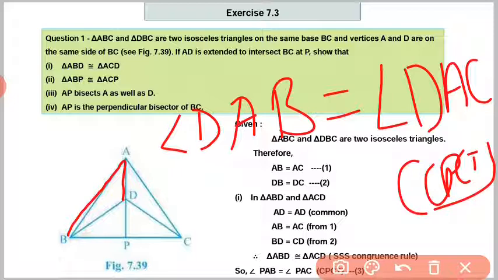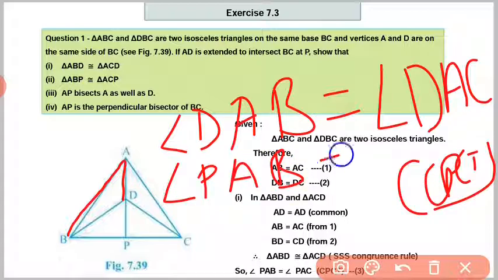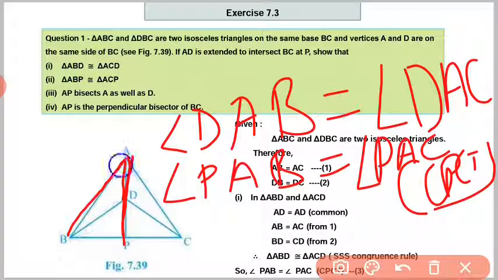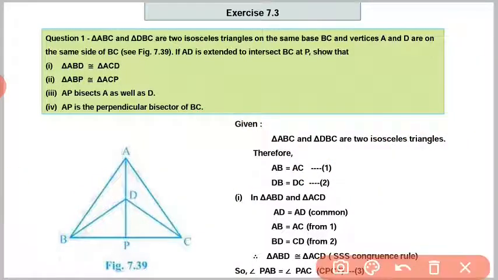And if angle DAB is equal to angle DAC, then we can write it as angle PAB equal to angle PAC, as these are the same thing. So let's take 3 as angle PAB is equal to angle PAC.